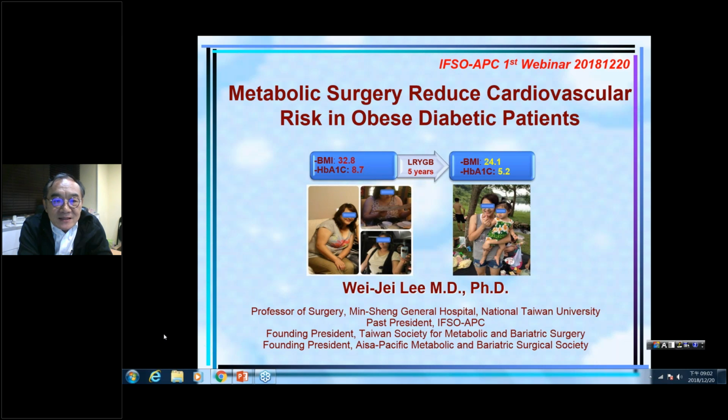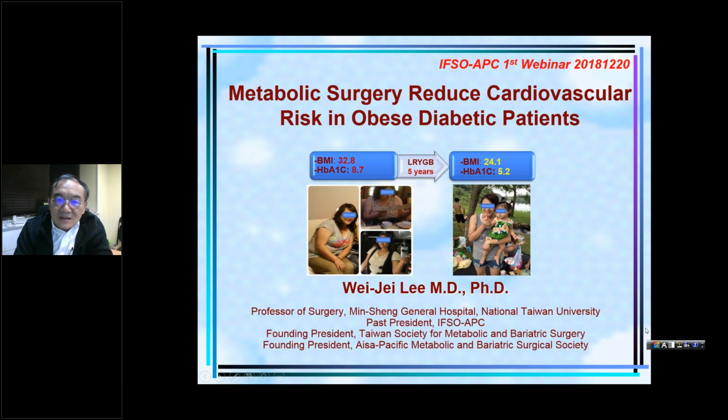A lady, BMI 32.8, with poorly controlled diabetes and infertility, had a bypass surgery. Five years later, we can see she still had complete remission of the diabetes, and with a very good family. So what's behind this?